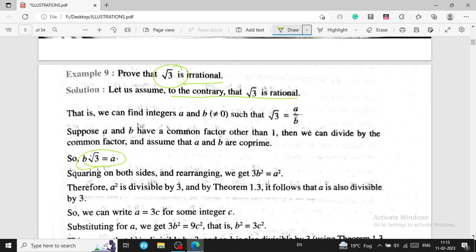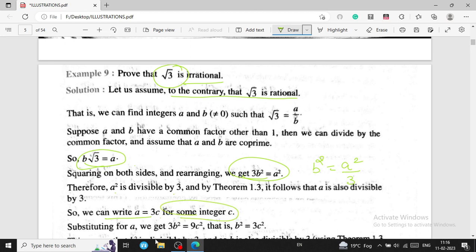After this, we will write A square divisible by 3, because B square is equal to A square over 3. According to the previous theorem, it follows that A is also divisible by 3. So we write A is equal to 3C for some integer C.